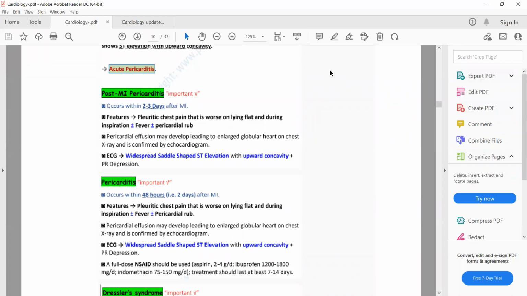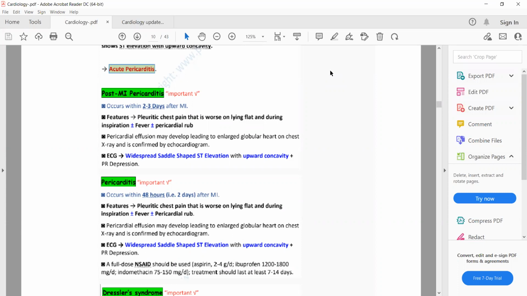So the signs and symptoms that point in favor of pericarditis are chest pain that is worse on inspiration and or lying flat, on X-ray an enlarged globular heart, and on ECG widespread ST elevation with upward concavity plus PR depression. Then your diagnosis will be pericarditis or acute pericarditis.